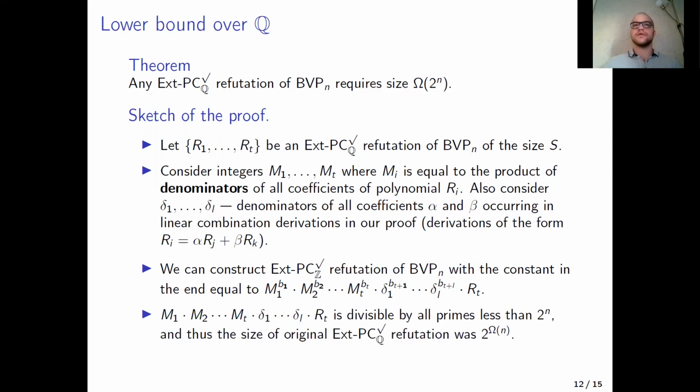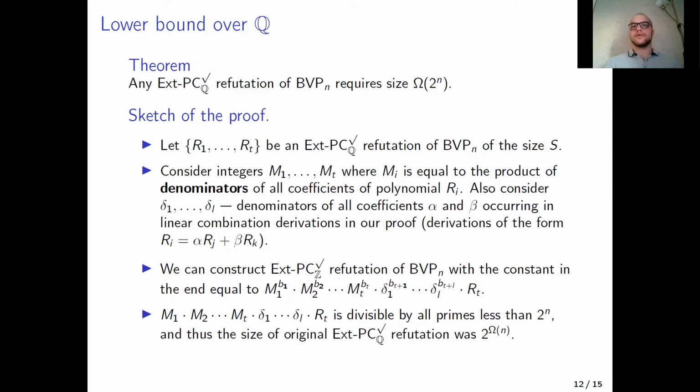It's pretty simple. Then we can show that the product of integers m, delta, and r without the powers is divisible by all prime numbers less than 2 to the power of n. We can delete the powers here since we are talking about divisibility by primes, and they don't care about the powers of our integers.